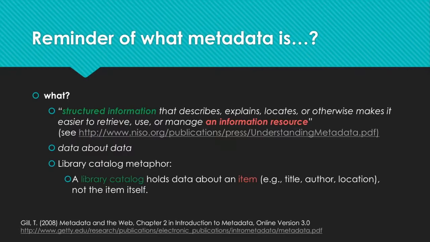So first of all, I'm going to refresh everyone's memory about what metadata is. It is defined as structured information that describes, explains, locates, or otherwise makes it easier to retrieve, use, or manage an information resource.